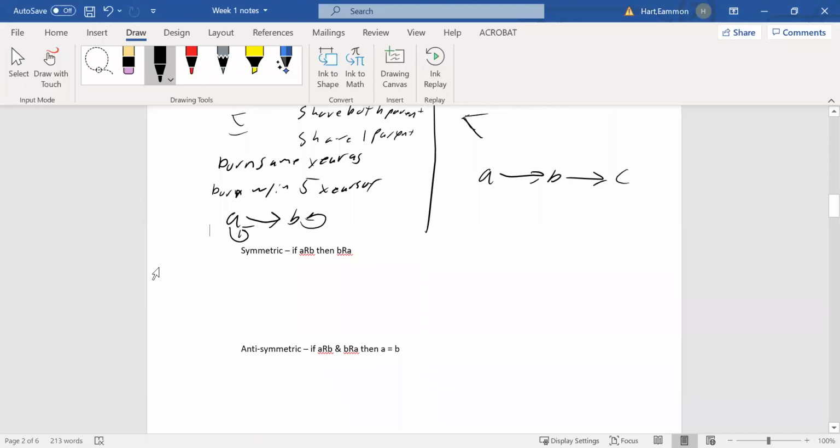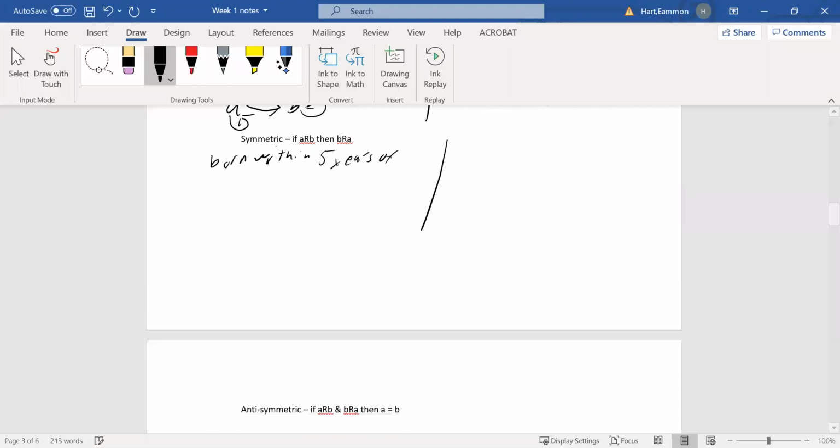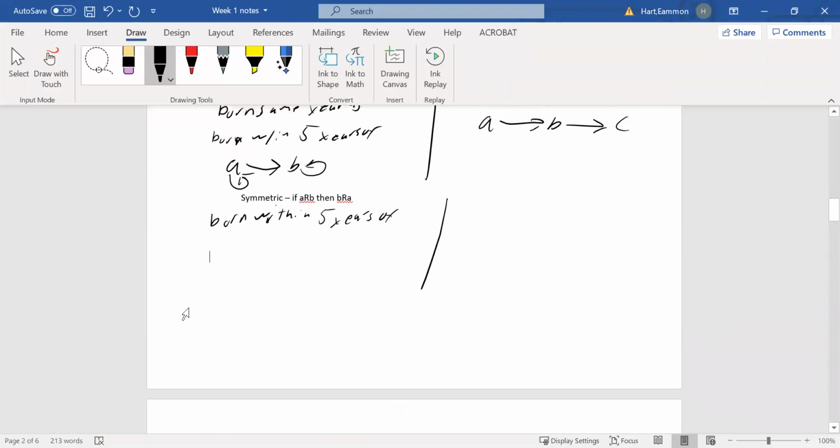Symmetric. So symmetric, born within 5 years of. That is a pretty clearly symmetric property. If I was born within 5 years of my brother, then my brother was also born within 5 years of me. Born same year as. Shares both parents.